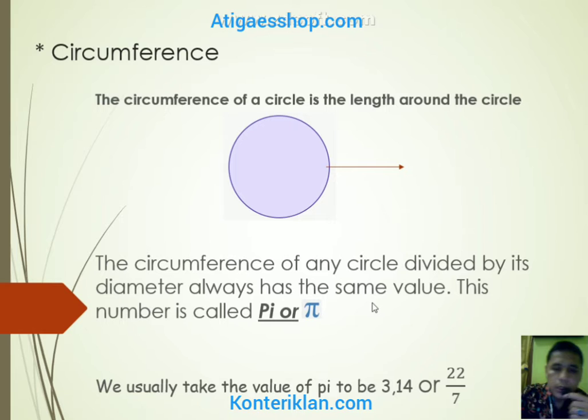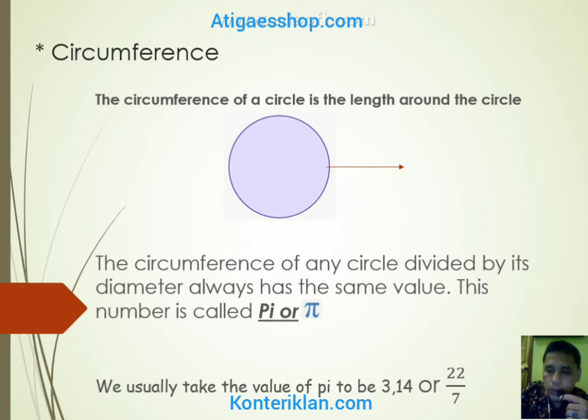We usually take the value of pi to be 3.14 or 22/7. Both of them you can use. It depends on you. If you prefer to use 3.14 for your answer, it's okay.